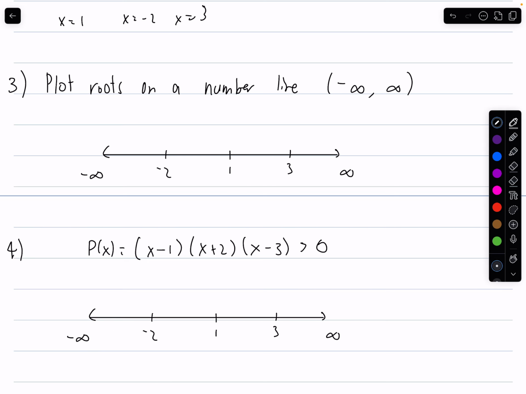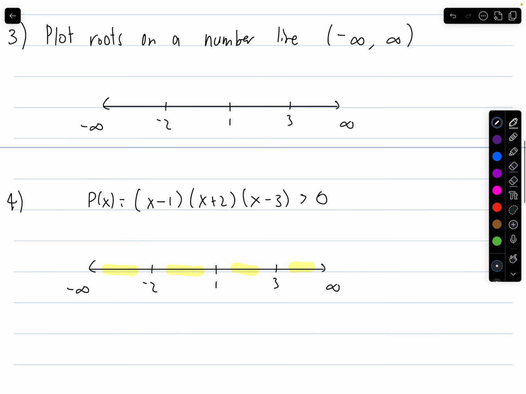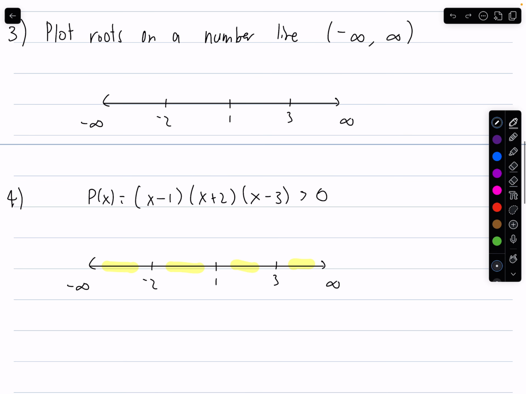We're going to look at each zone for step 4. This is one zone, this is another zone, this is another zone, this is another zone. We're going to take a number from these zones, and plug it in to here to see if we get a positive or negative.